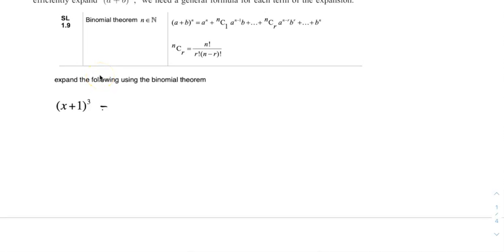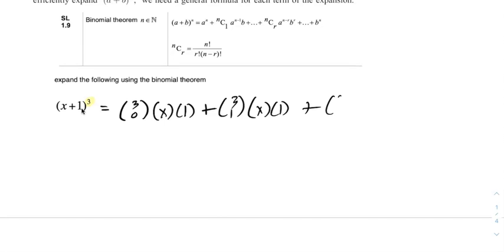So the key thing is what power we're going to, the third power. So we're going to write this. 3 over 0, so this is the first term, x and 1, the first term, second term. Then we keep going: 3 over 1, x, 1. 3 over 2, x, 1.